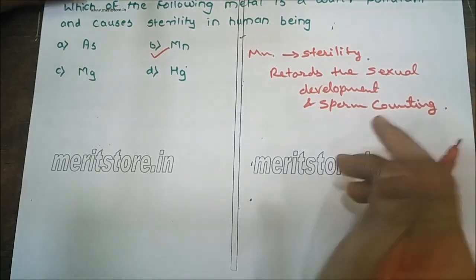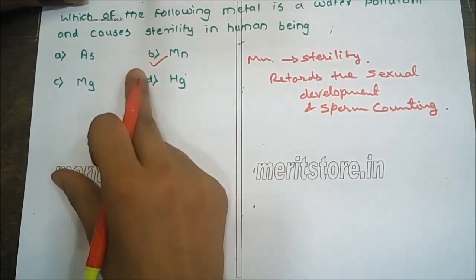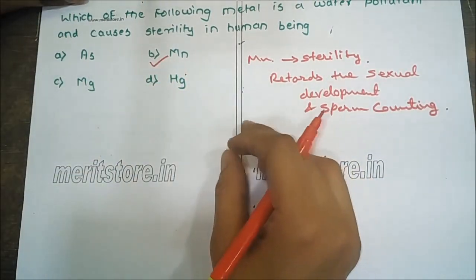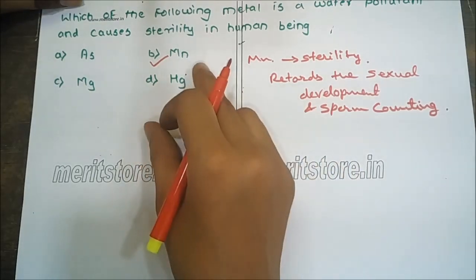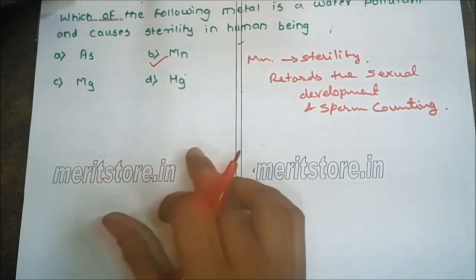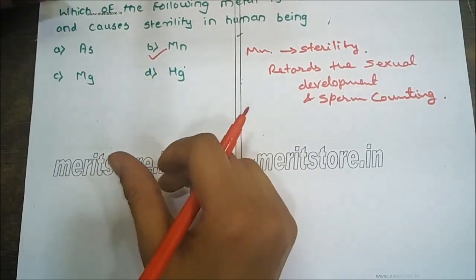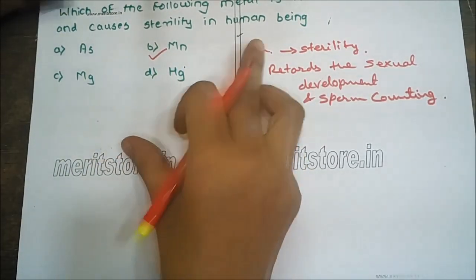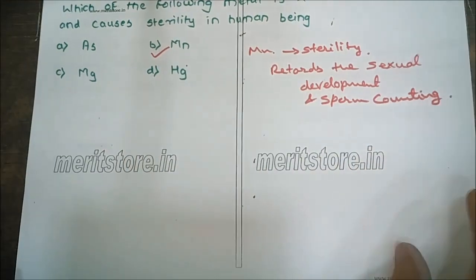So when in polluted water the manganese element is in more quantity, then it will cause sterility in human beings.